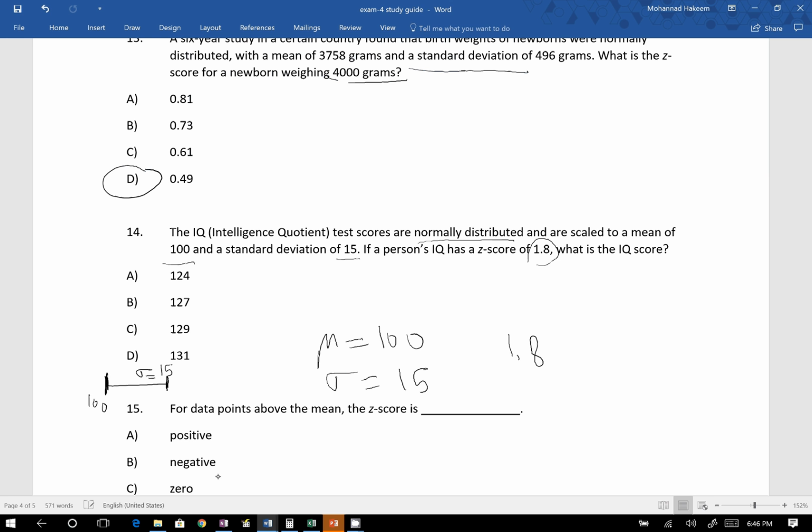The guy is not 2 standard deviations from the mean, he is 1.8 standard deviations from the mean. So it's almost here. So he's going to be standard deviation times 1.8.